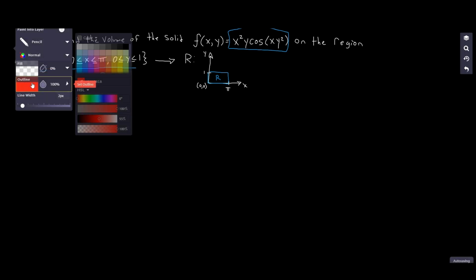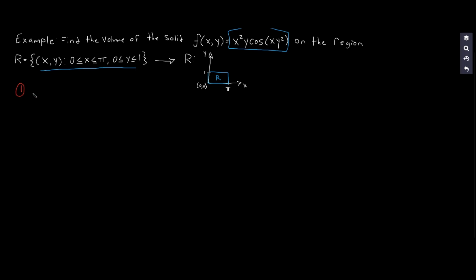We'll do x first this time. The integral from 0 to pi, and then y is going to be the integral from 0 to 1. And inside, the integrand is given to us: x squared times y times cosine of x times y squared.